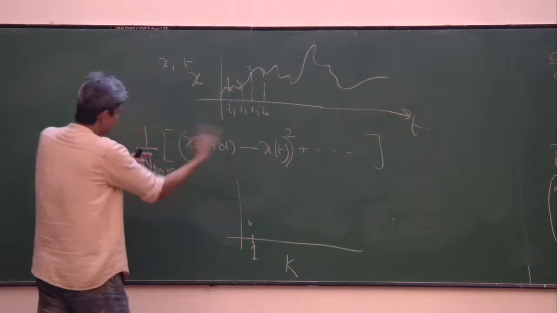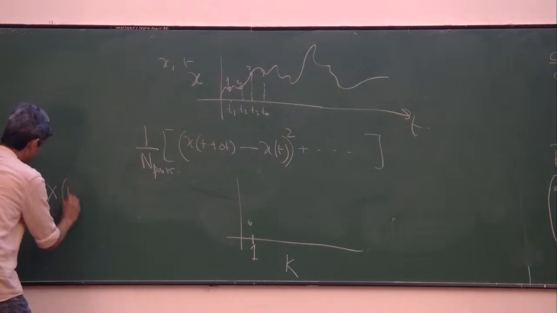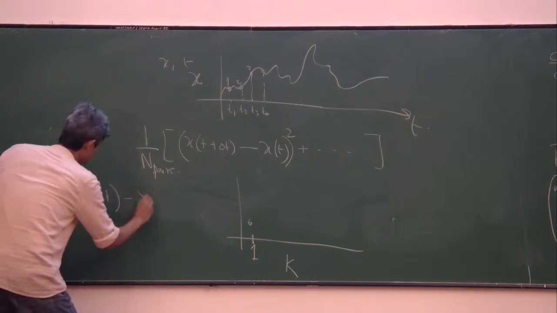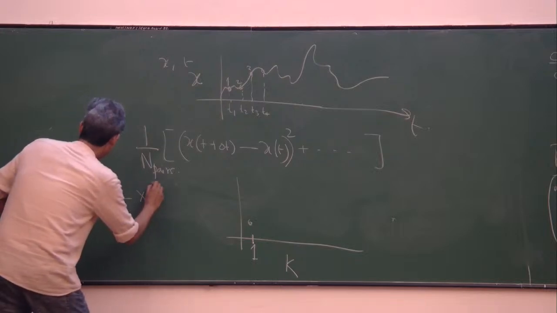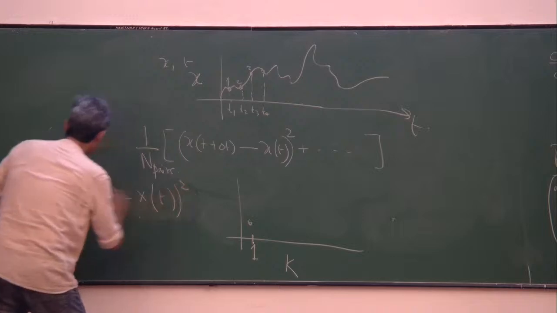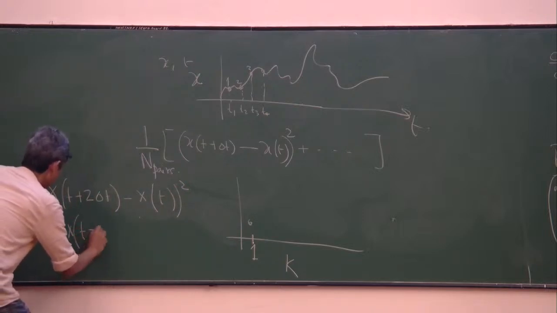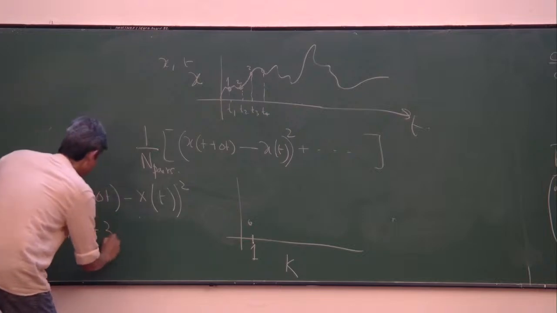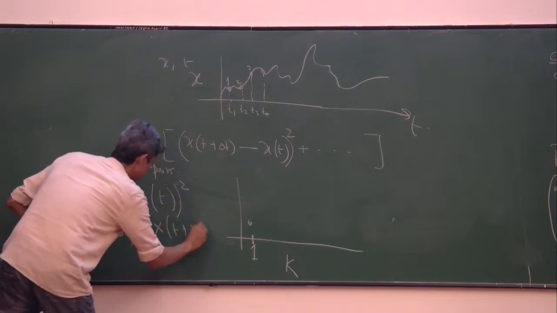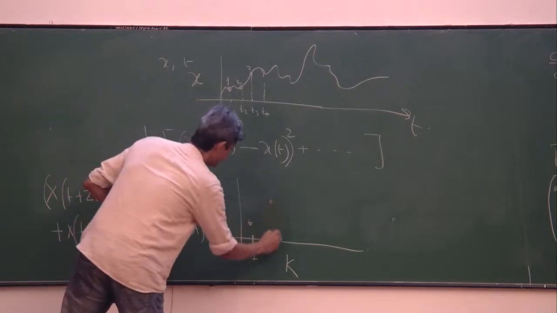And then again do the same thing. So now you are looking at x at t plus 2 delta t minus x at t whole square plus x at t plus 3 delta t minus x at t plus delta t whole square, and so on. So you will get a number over here for k equals 2.